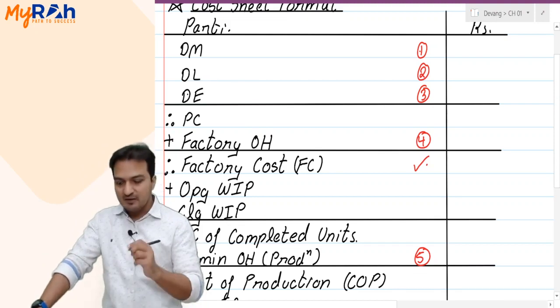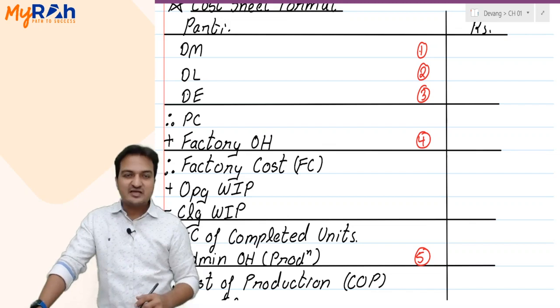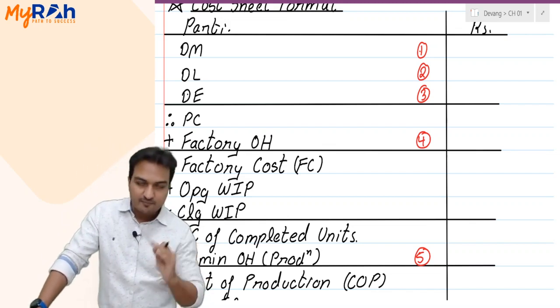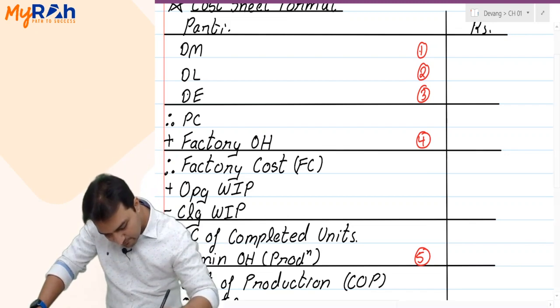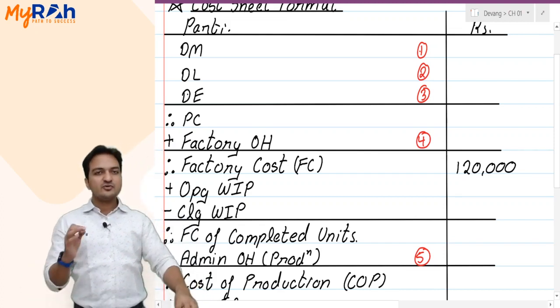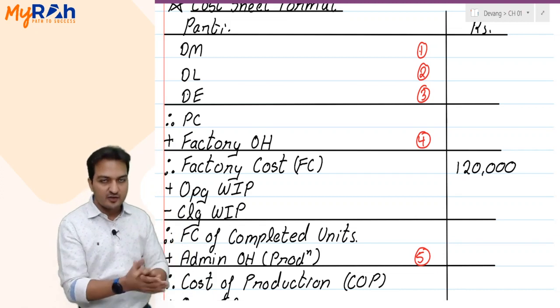Now say for example, just for example, my factory cost incurred during the year in my company is, say for example, rupees 1,20,000. Meaning 1,20,000 rupees I have spent from my pocket in the factory during the year.